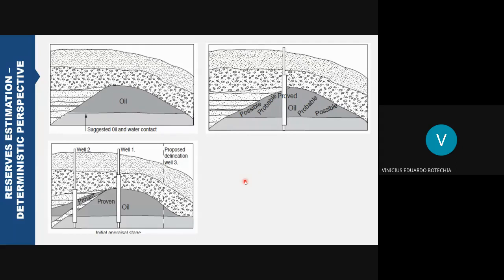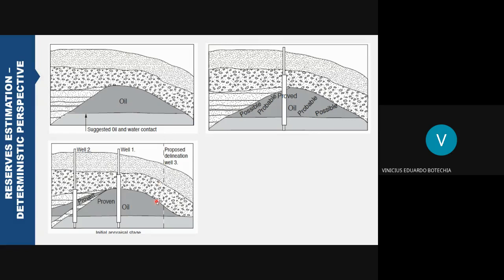So you are going to drill other wells to delimit the area of the reservoir and to see where the oil is, and so on. So drill another well here. You already discovered a discontinuity here, a non-reservoir region. You have already proven all this region here and here, but this area here remains uncertain, right? It is in the initial appraisal stage.